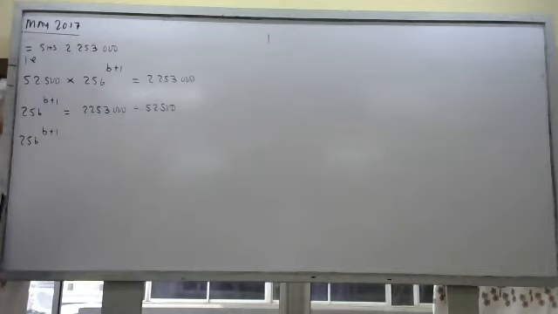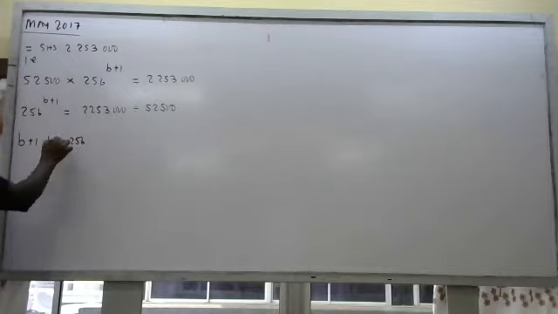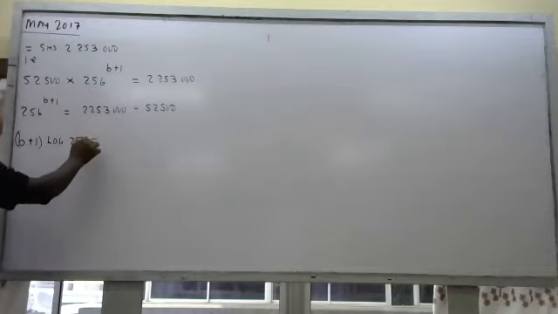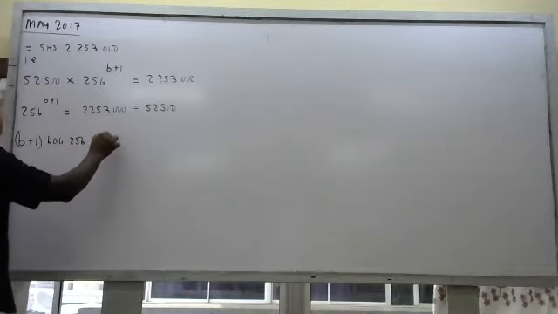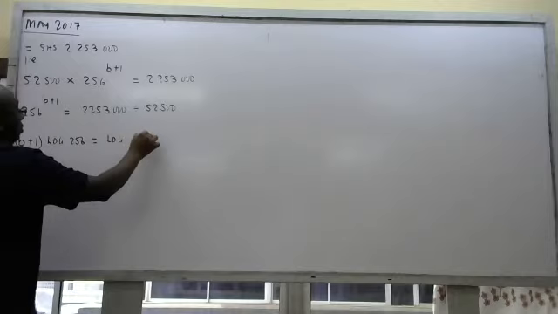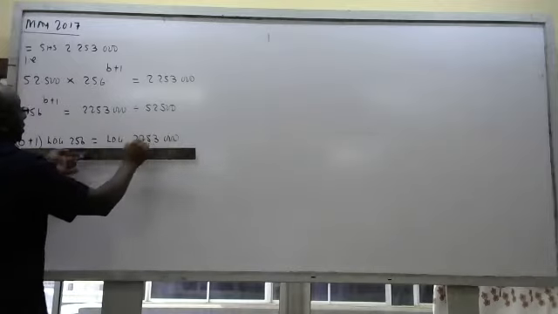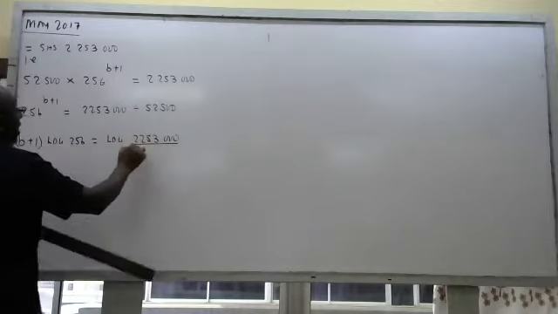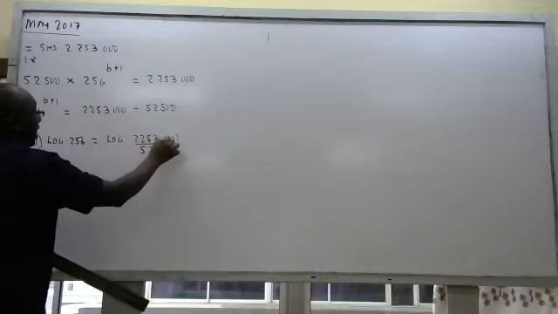So then what I will do, I will just introduce logarithms straight. So b plus 1 times the log of 256 should be equal to the log of 2,253,000 divided by 52,500.